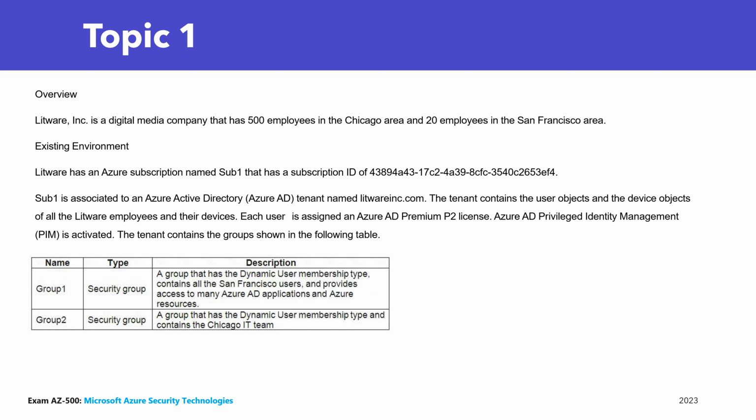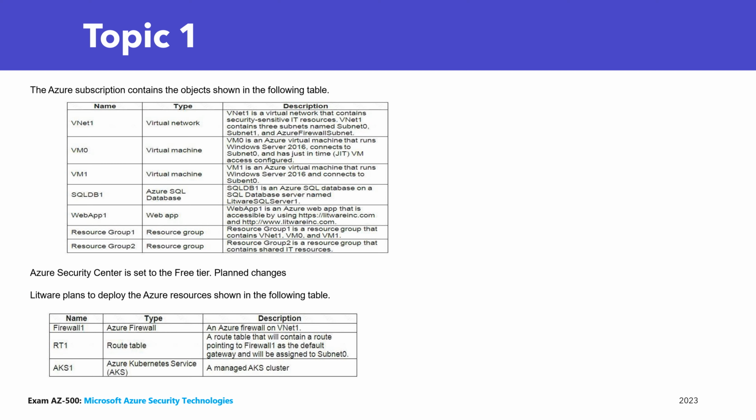The tenant contains the groups shown in the following table. The Azure subscription contains the objects shown in the following table. Azure Security Center is set to the free tier. Planned changes.